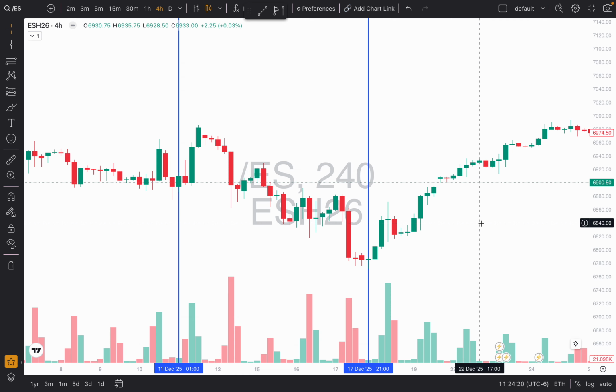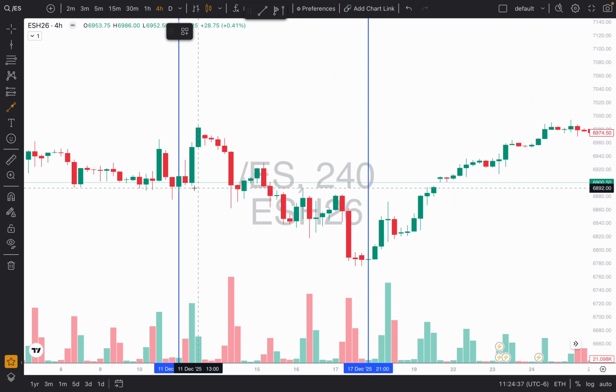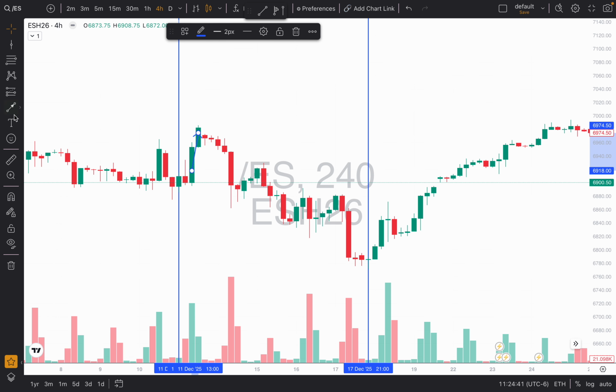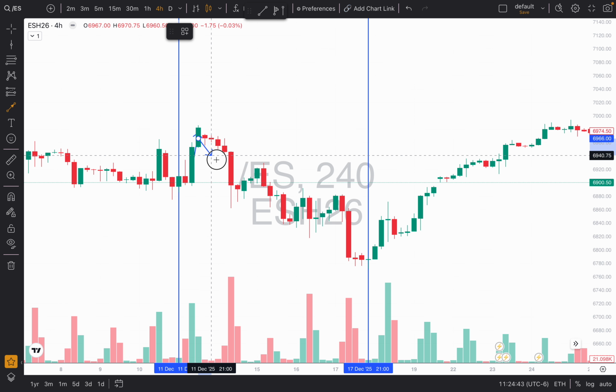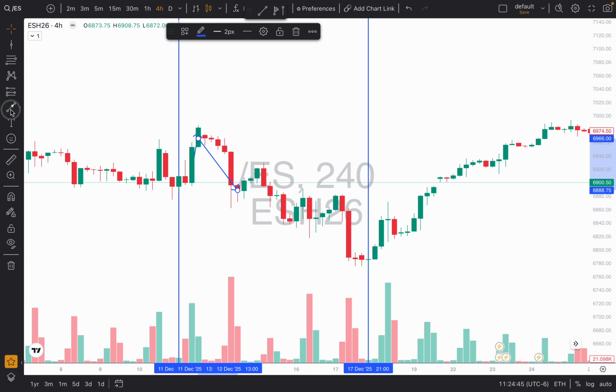A reversal is when price closes above the previous high, right? So, again, in a downtrend, just like we're looking at now, I'm going to actually draw this out because I want to make the best sense to y'all. Right here, we got this little move up. Boom. We got the move down.